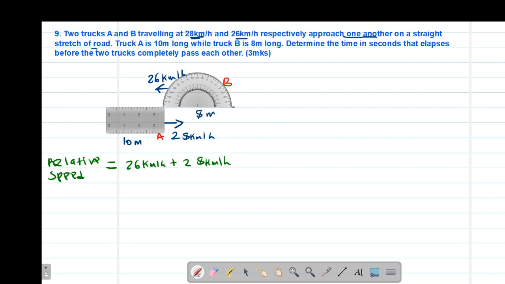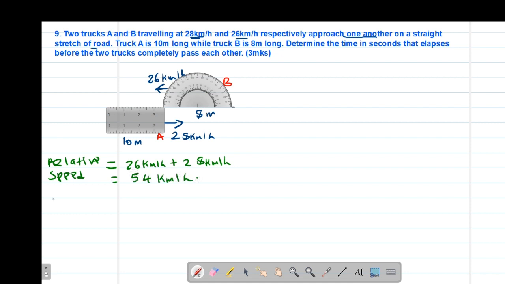If bodies are moving in the same direction, you simply subtract. We get a relative speed of 54 kilometers per hour.